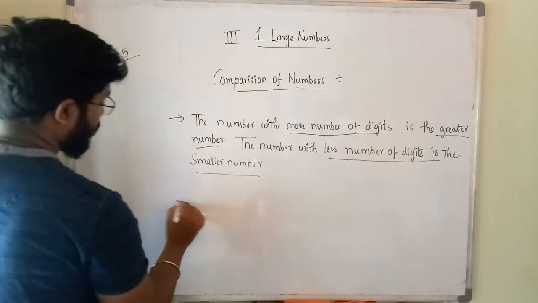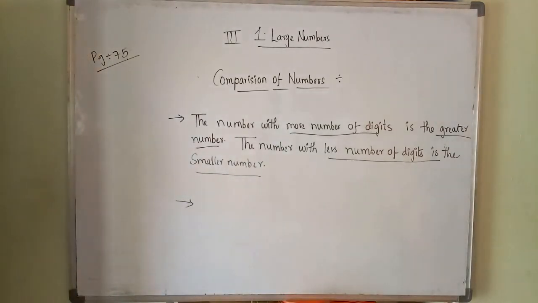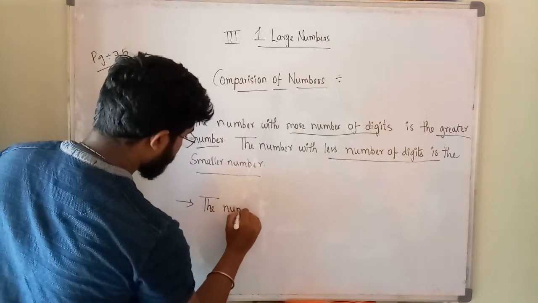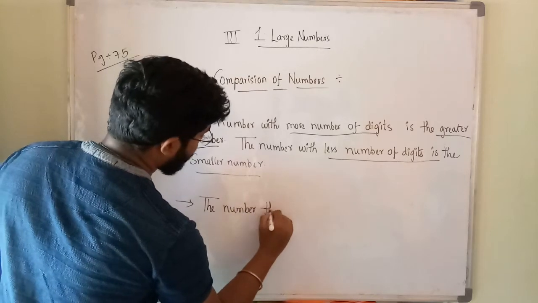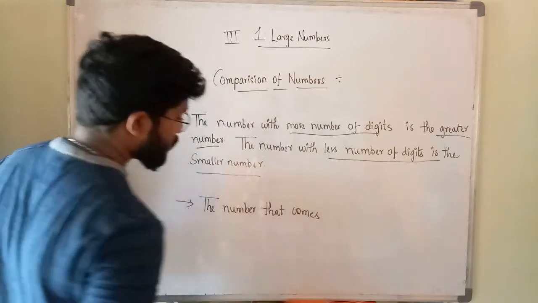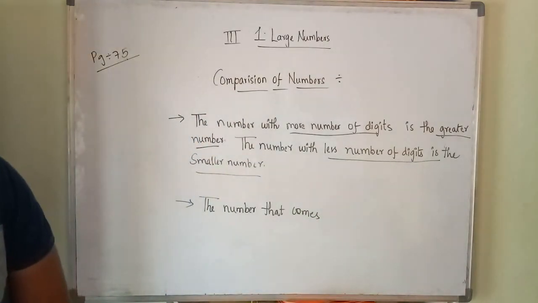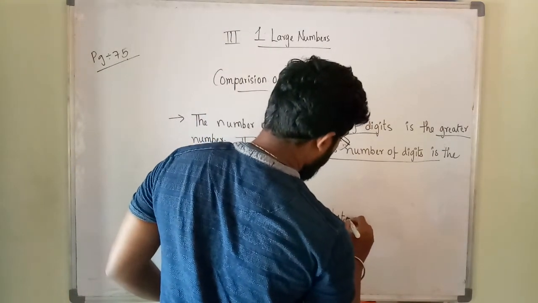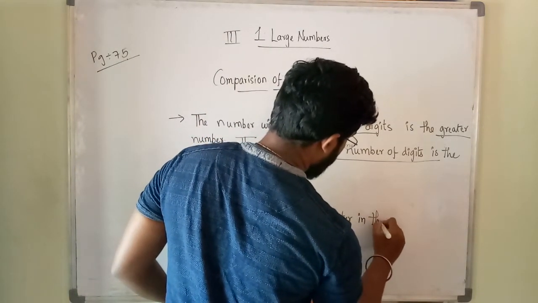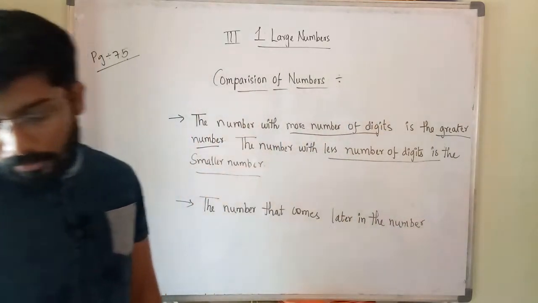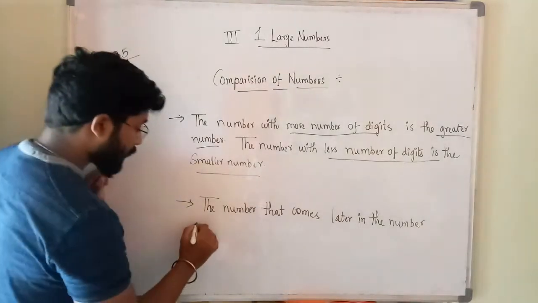Next point is the number that comes later in the number line. Later in the number line is the greater number.